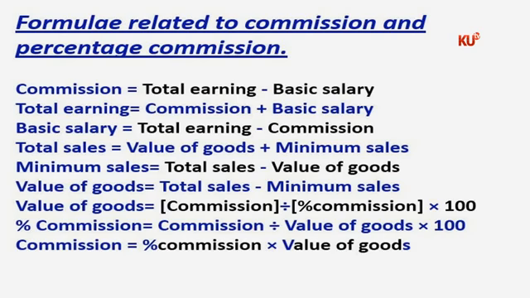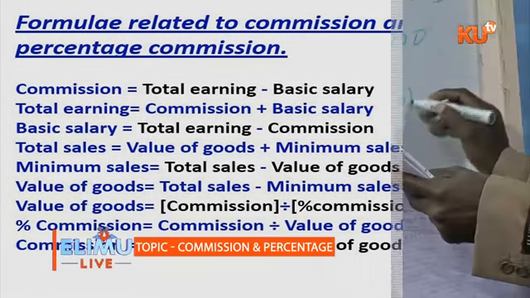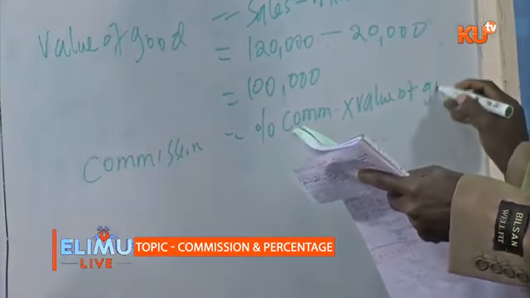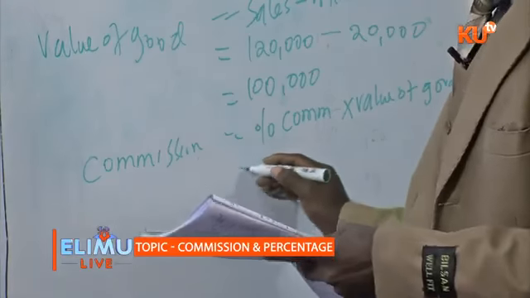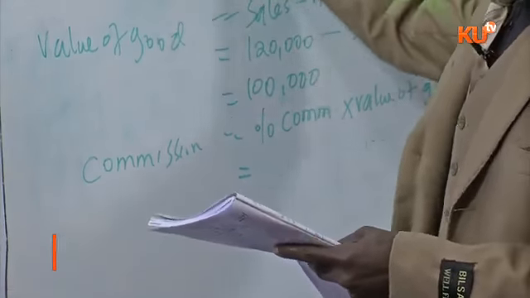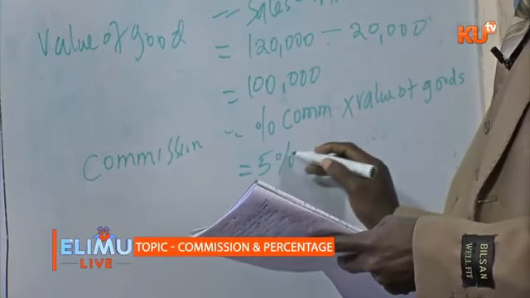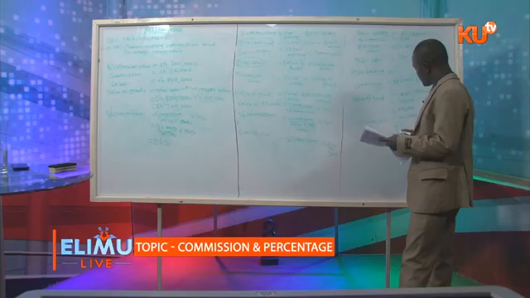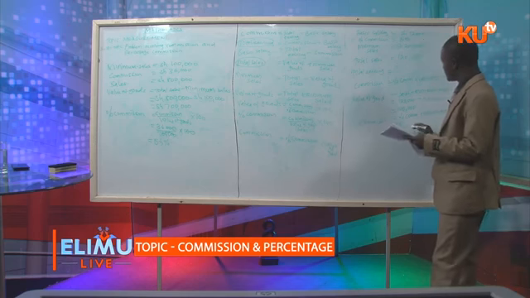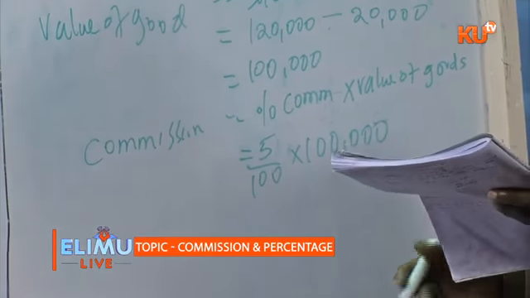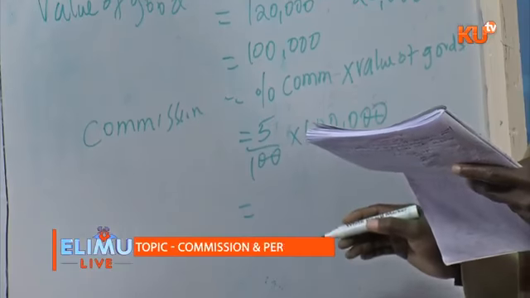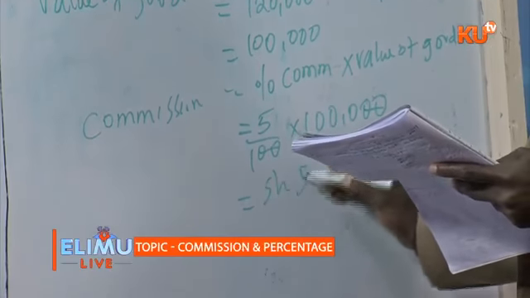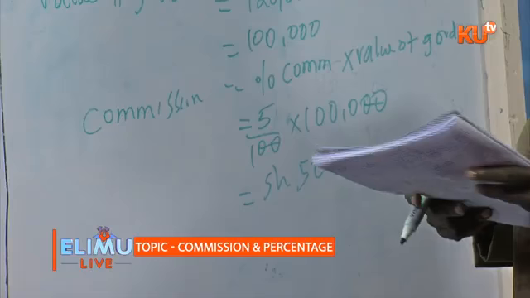The percentage commission was given as 5%, which is equivalent to 5 over 100 when changing to a fraction, times the value of goods, which is 100,000. When we work it out, we get 5,000 as the commission.